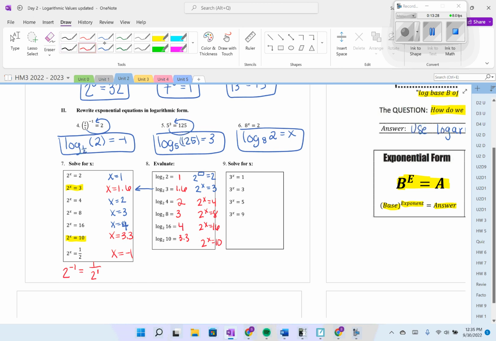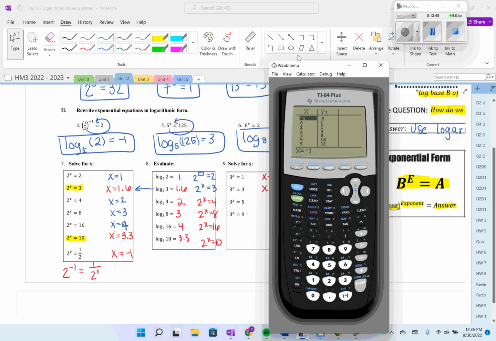Remember, anything to the 0 power is 1, so this would be 0. 3 to what power is equal to 3? So this would be an x value equal to 1. 3 to what power is 5? So again, if it helps, you could always use your graphing calculator.